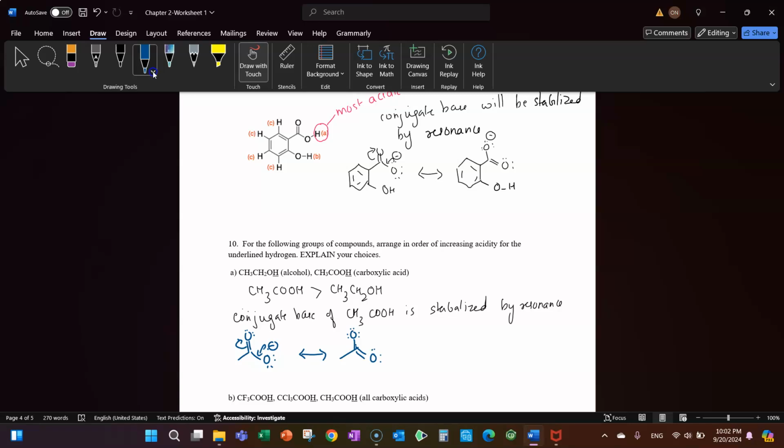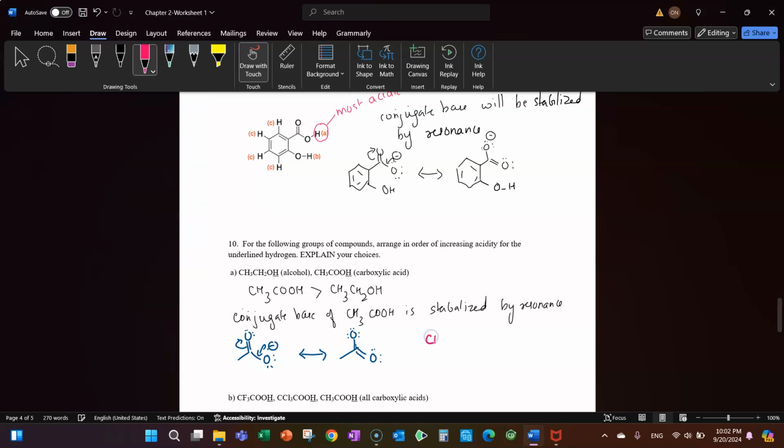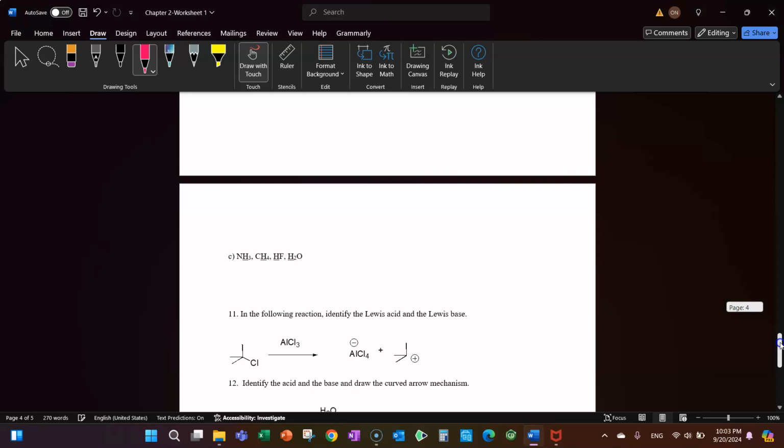Whereas in case of CH3CH2OH, which is this compound, you can see that the conjugate base is this one, but no resonance stabilization. So the one which has got more resonance stabilization is the one that will be more stable.